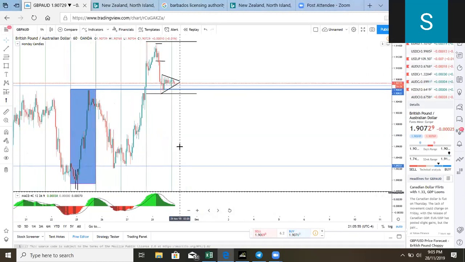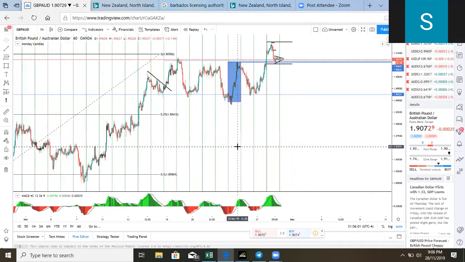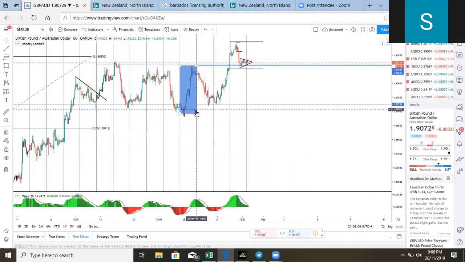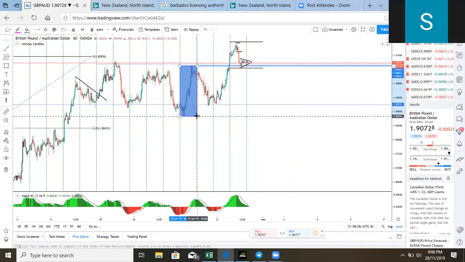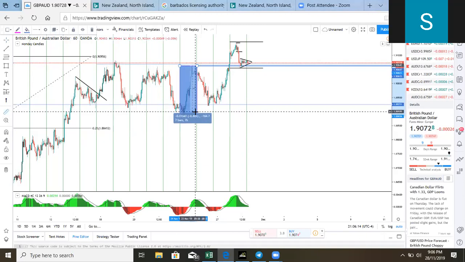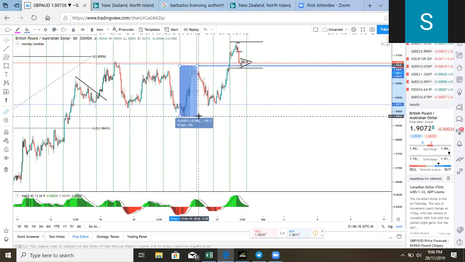So if you're watching a pair, for instance, this would be a good pair to watch because of the distance between the Monday line, the range. This range was a whole 181 pips.